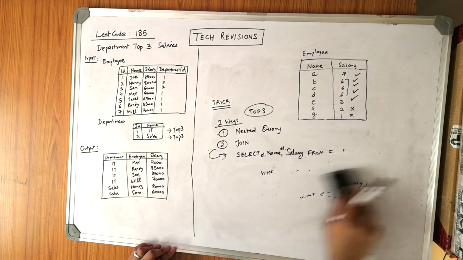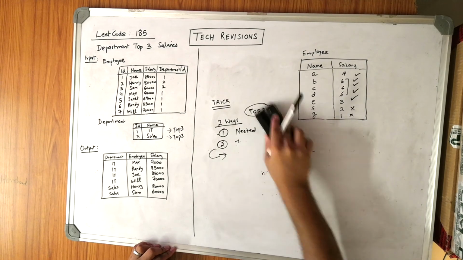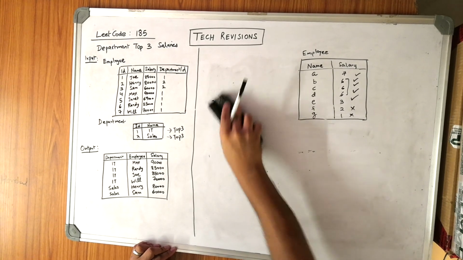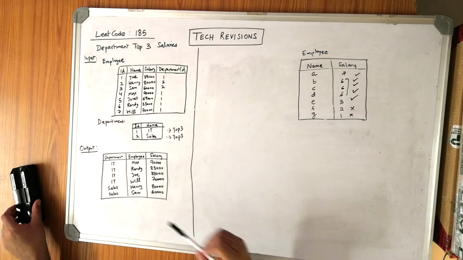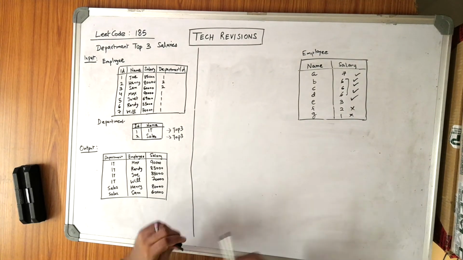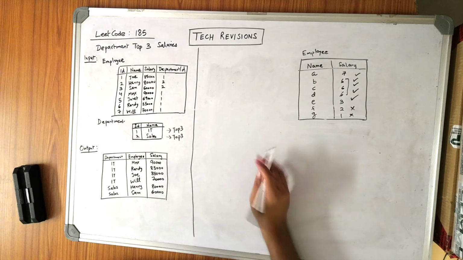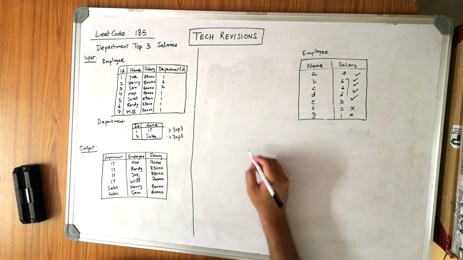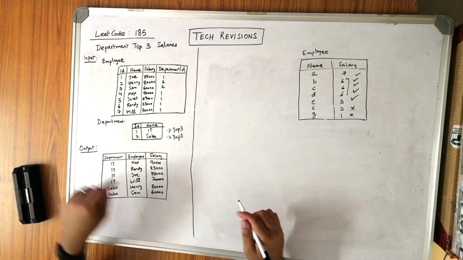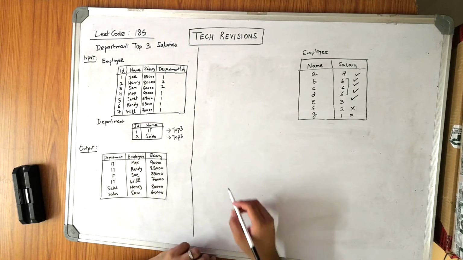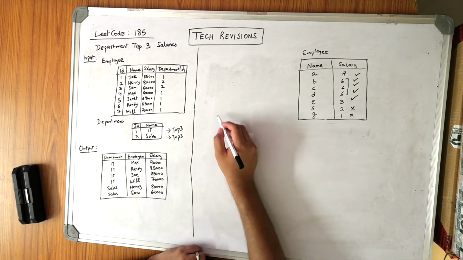So let me just erase this. And let's try and write the SQL statement which will give us this output. Okay, so I will use the nested way of doing it. So obviously we want to have department, employee, and salary. So what I'm going to do is start like this.